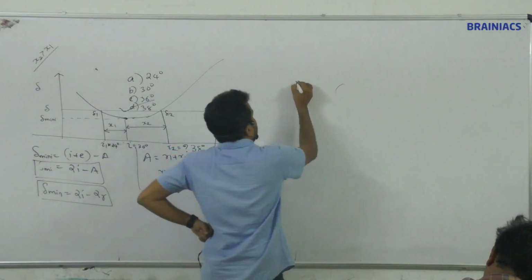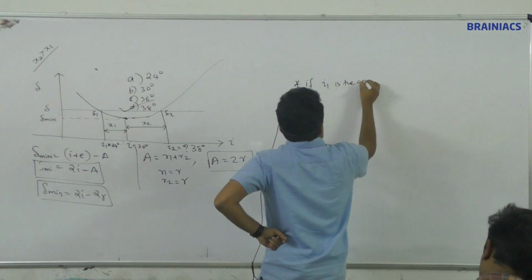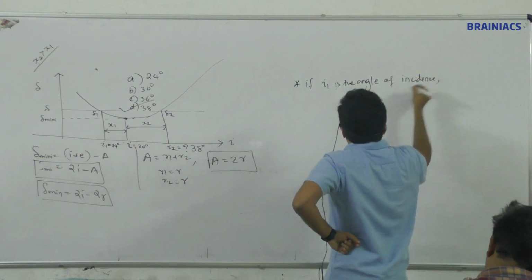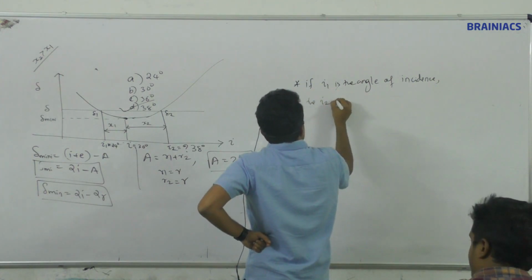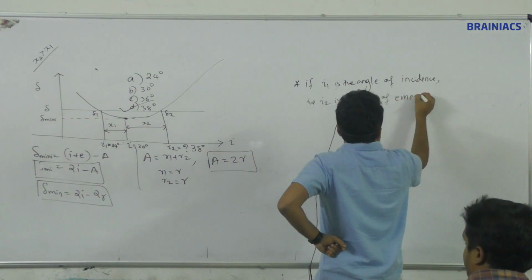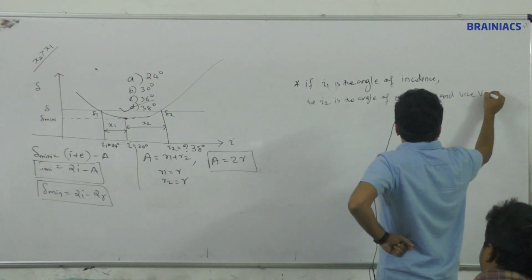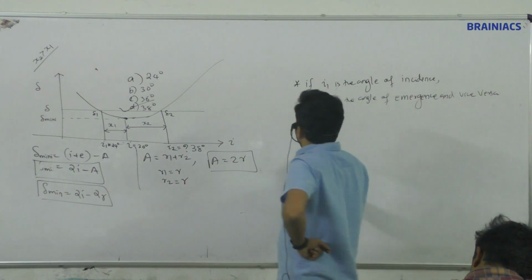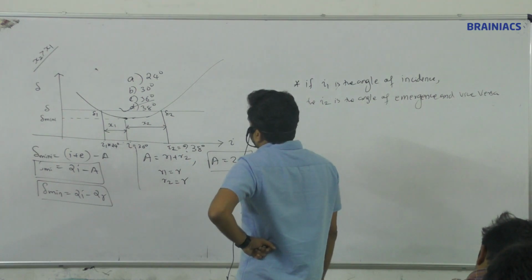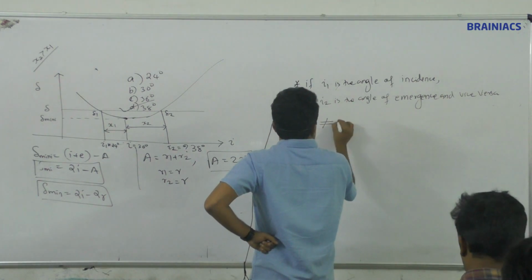Then write these points also there. If I1 is the angle of incidence, then I2 is the angle of emergence, and vice versa. I1 not equal to I2.